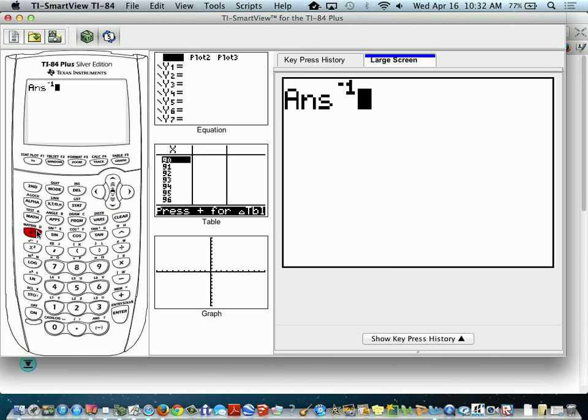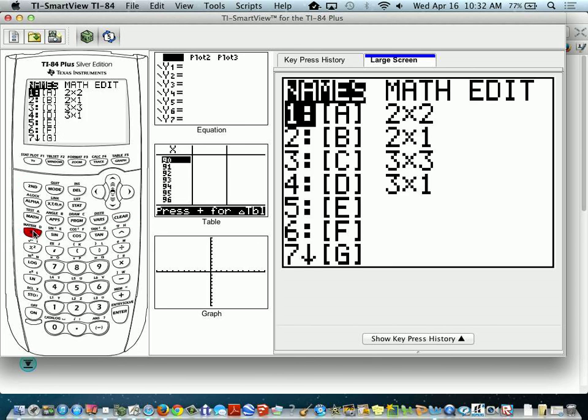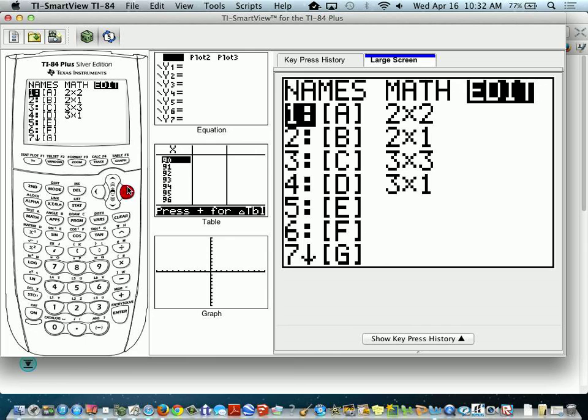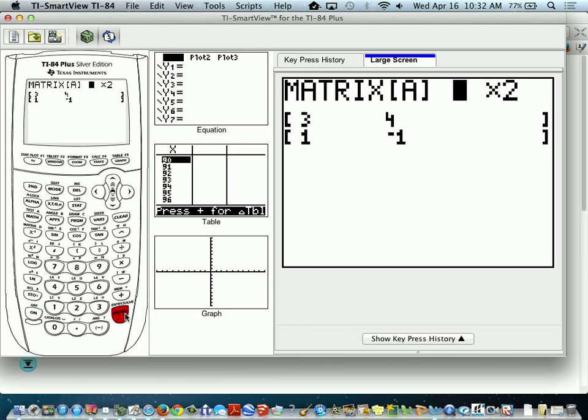So I'm going to enter the second. So I'm entering into the matrix mode. Now my calculator has stored a few different matrices. So when you want to work with matrix A, you want to slide over to edit. Which matrix do you want to edit? I want to edit matrix A.